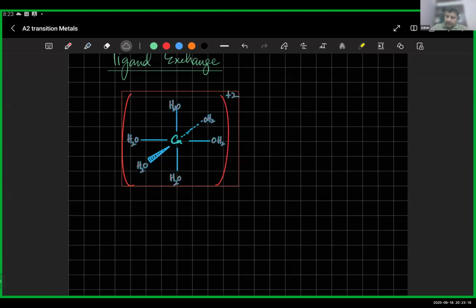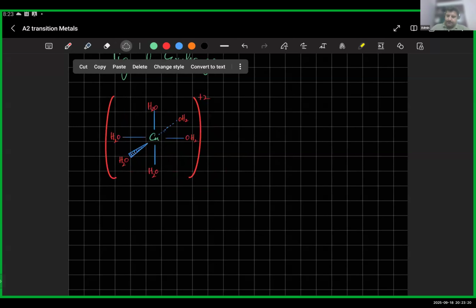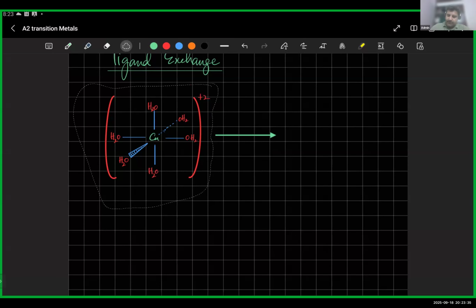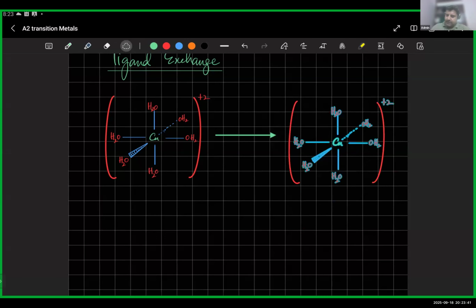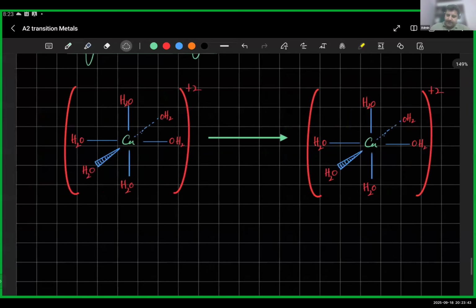Now what happens is that if I add another ligand into the same solution, for example, I add OH ions, or I add NaOH aqueous, basically what I'm doing is introducing OH minus ions.